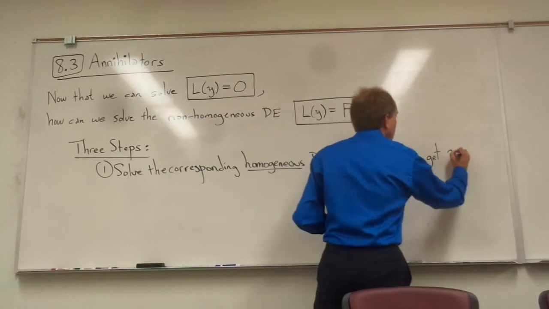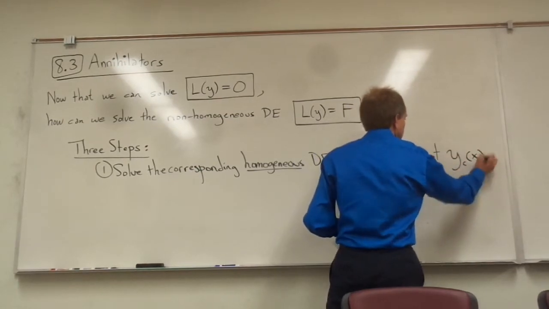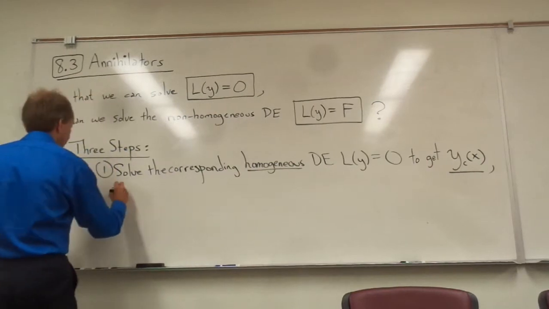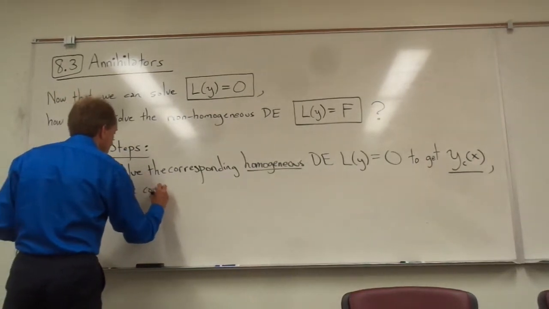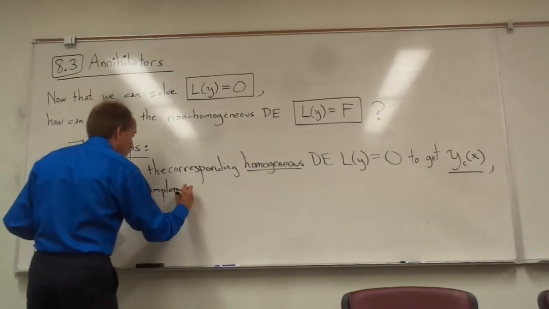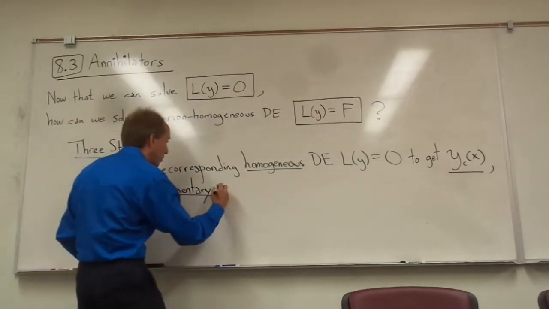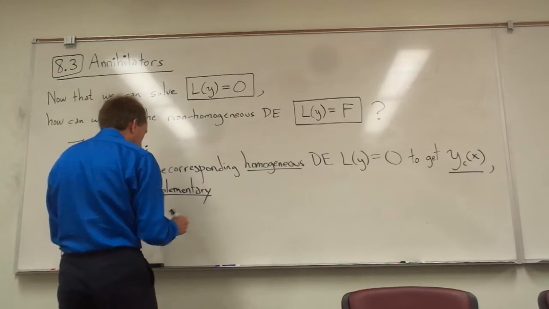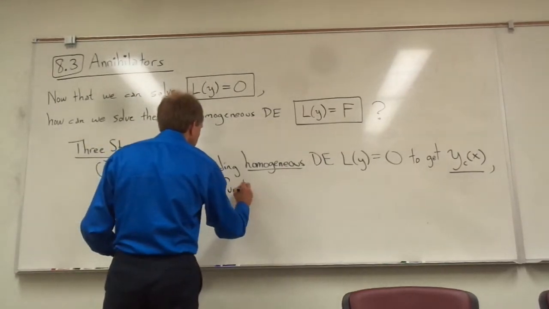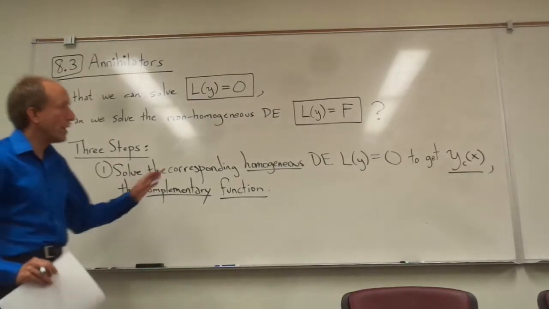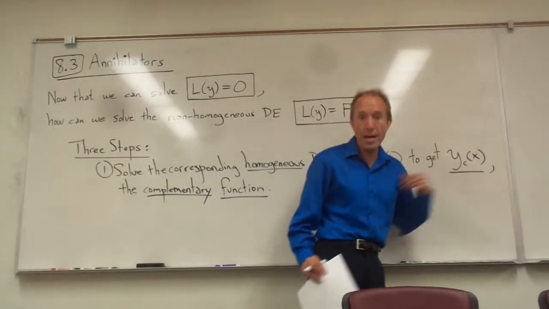I'm now going to call it y sub c of x, and this is called the complementary function. So there's going to be two parts to our solution, and we're going to highlight both of them. The first part here is called the complementary function, y sub c of x.